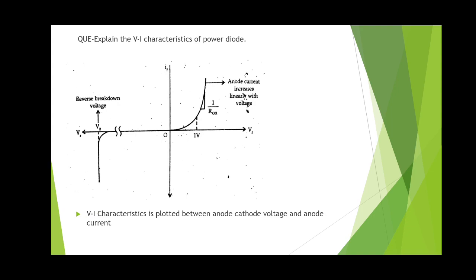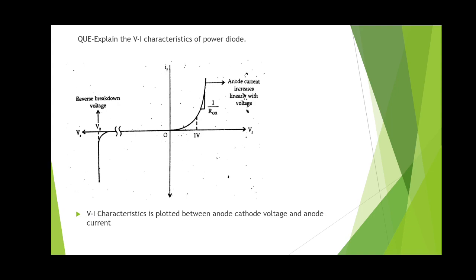As a result, current rises linearly. Hence it appears as a low value internal resistance of the diode, this is the drift region, and the current increases linearly. A forward bias of 1 volt is sufficient to trigger the diode into conduction. So even if we apply a 1 volt forward bias, the device will go into conduction.